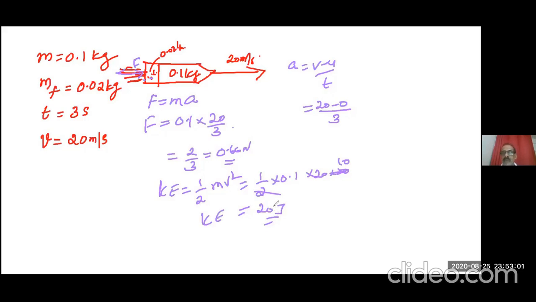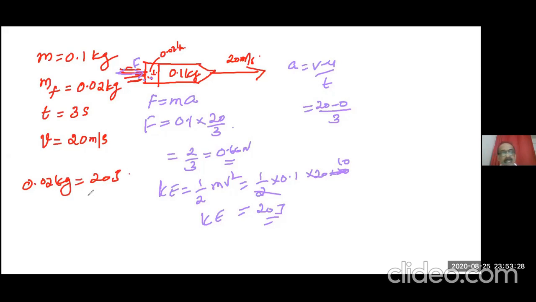From where was this energy gained? Who supplied this energy? The fuel. The energy of the burning fuel was converted into kinetic energy, because energy is conserved. Energy cannot be created nor destroyed. It can only be converted. Now look at the logic here. 0.02 kilogram of fuel can give an energy of 20 joule, isn't it?